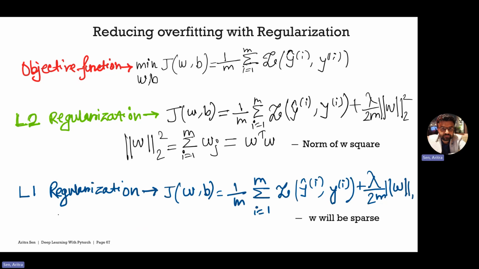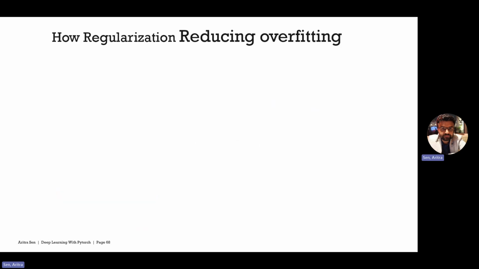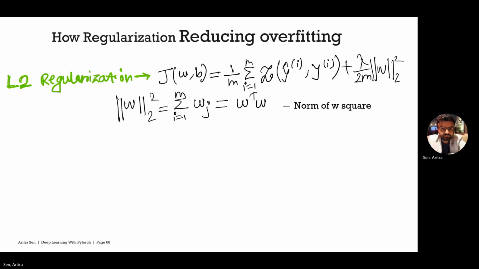But in case of L2 regularization, we shrink the weights so that the model is more generalized, which in turn reduces the overfitting problem.